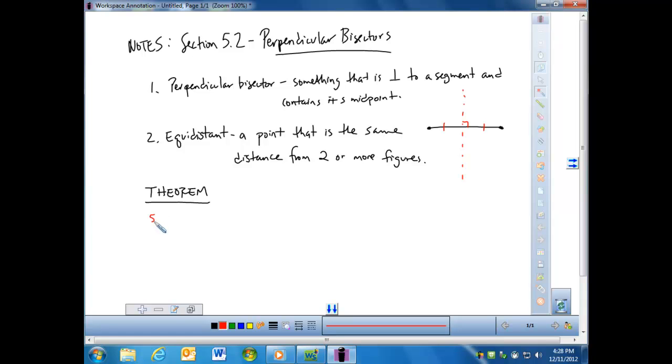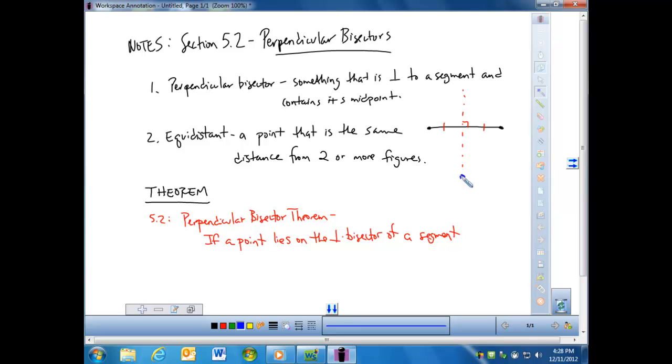That theorem is referred to as the perpendicular bisector theorem. Pretty fancy name, I know. The perpendicular bisector theorem says simply, if you are a point on the perpendicular bisector of a segment, then you are equidistant, or the same distance, from the endpoints of the segment that is getting bisected.